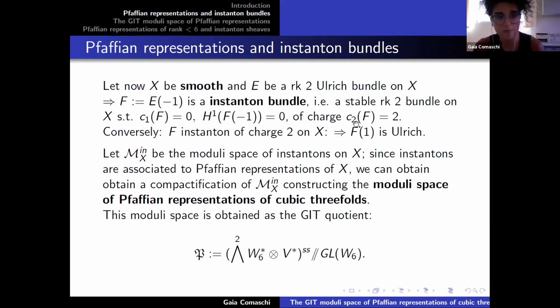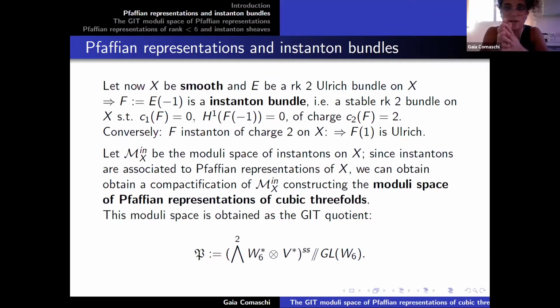And conversely, whenever we start from an instanton on the cubic, we twist it by 1, and we will get an Ulrich bundle. Rank 2 Ulrich bundle always implies skew-symmetric. So it means that on a smooth cubic threefold, instanton bundles or Ulrich bundles correspond to Pfaffian representations.